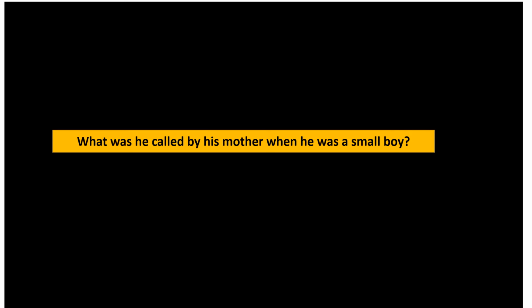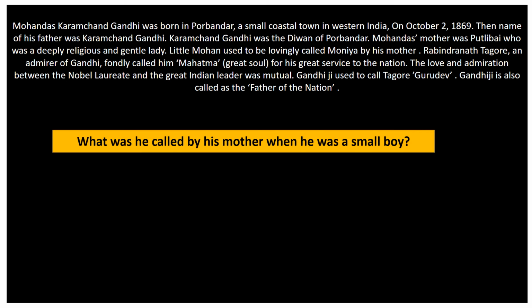My next question is, what was he called by his mother when he was a small boy? And as I think, I have already marked. So here we'll see what the answer of this question will be. I will not reread this paragraph again, but I will mark over here the things which I have marked in my previous slide: Mohandas Karamchand Gandhi, Porbandar.